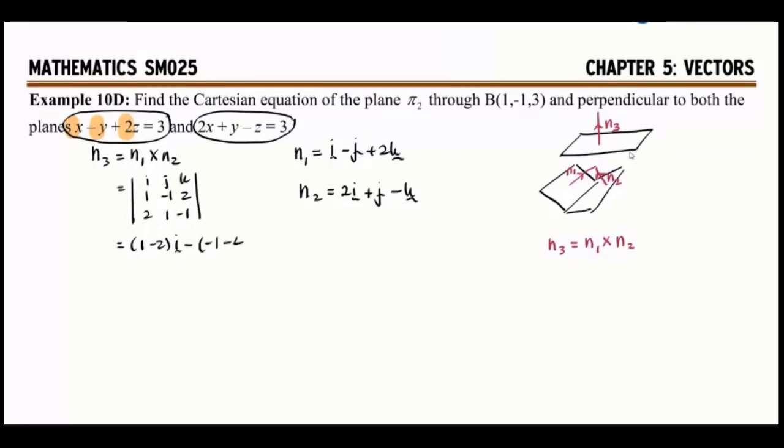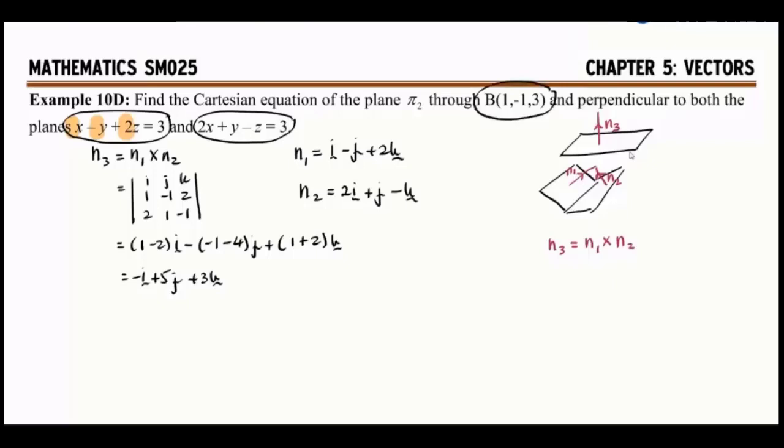For the k, what do we get? 1 plus 2. So we have negative i plus 5j plus 3k.